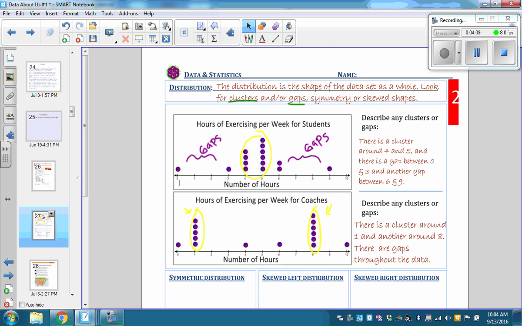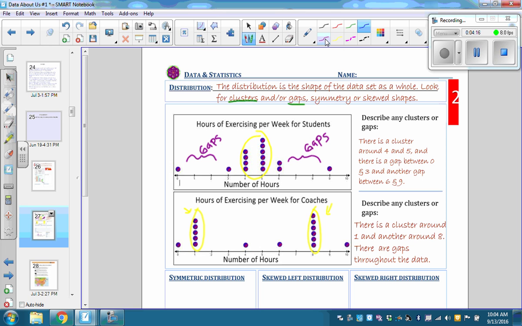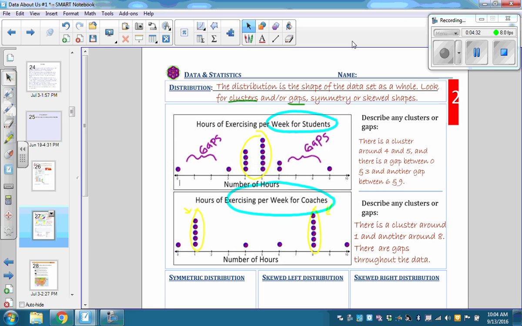If we were going to summarize the difference between hours of exercising per week for students versus coaches, we might make a summary statement that says coaches tend to exercise a lot or a little, but there aren't very many coaches who exercise for 4 or 5 or 6 hours a week.